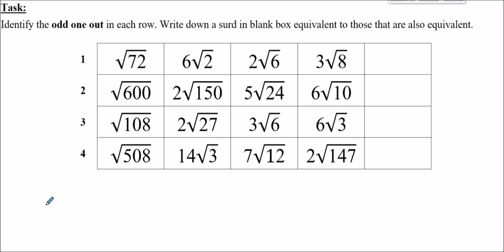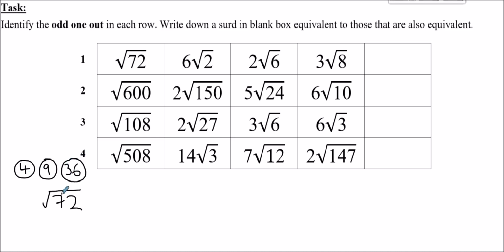So root 72. First of all, let's think of factors of 72 which are also square numbers. The square numbers which are factors of 72, we have 4, we have 9, and we have 36.